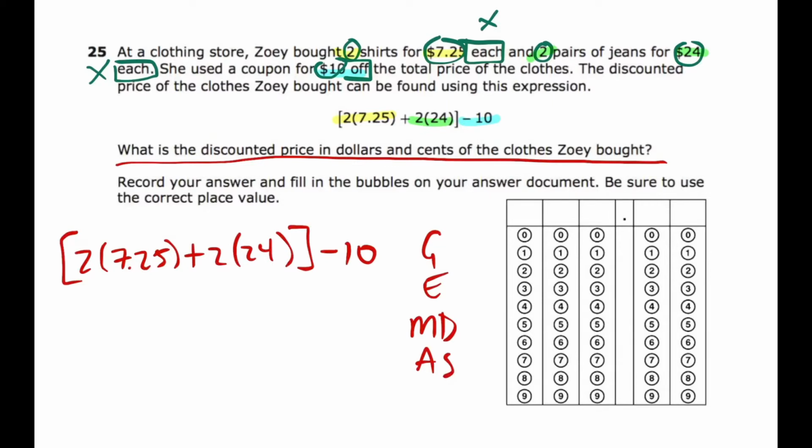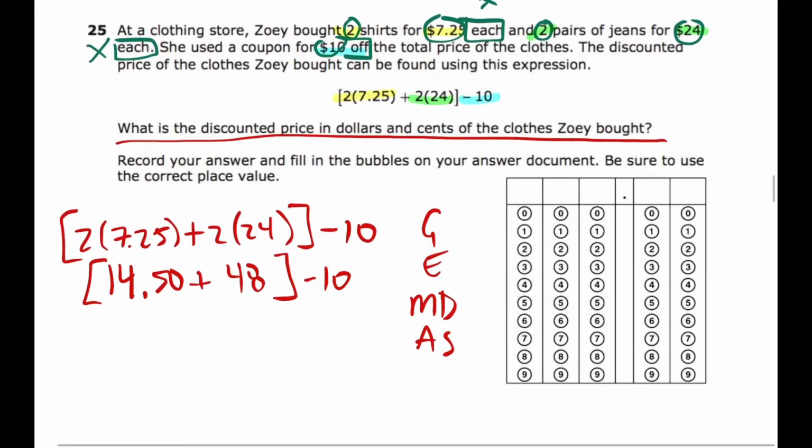So 2 groups of $7.25, so if I have $7.25 twice, my 2 $7 is $14, and then my 2 quarters ends up being 50 cents. 2 groups of $24, that gives me $48. I do still need my brackets, and just bring down the rest. $14.50 plus $48.